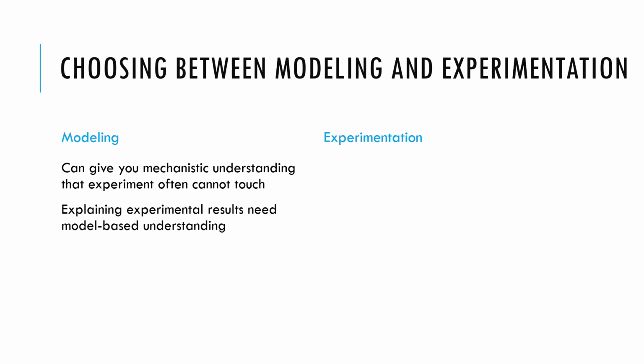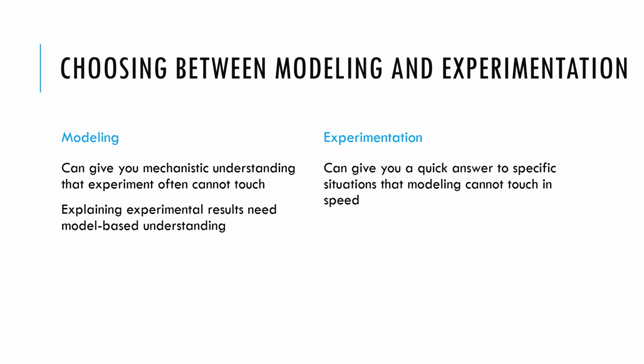Explaining experimental results often needs some model-based understanding. On the other hand, experimentation can give us a quick answer to specific situations that modeling cannot touch in speed. And modeling needs experimentation for validation purposes.